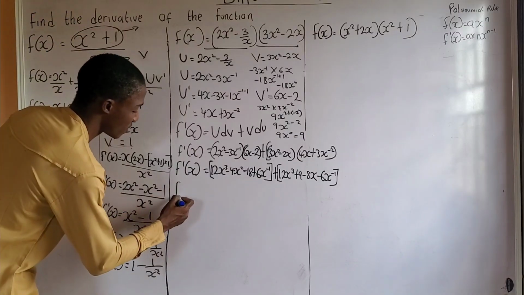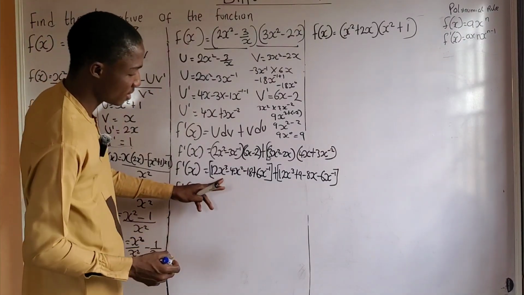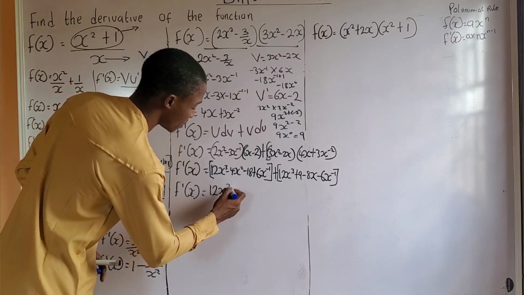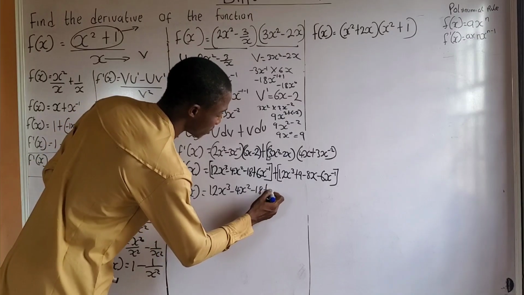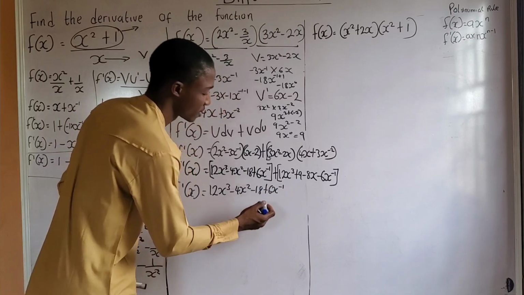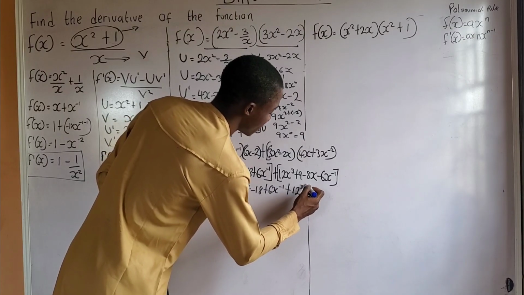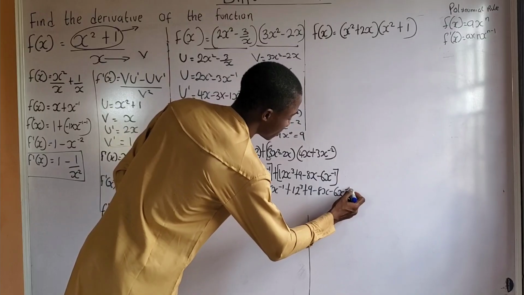Now, for this, the derivative of f of x will be equal to, let's collect like terms. 12x raised to the power of 3 minus 4x raised to the power of 2 minus 18 plus 6x raised to the power of negative 1 plus 12x raised to the power of 3 plus 9 minus 8x minus 6x raised to the power of negative 1.